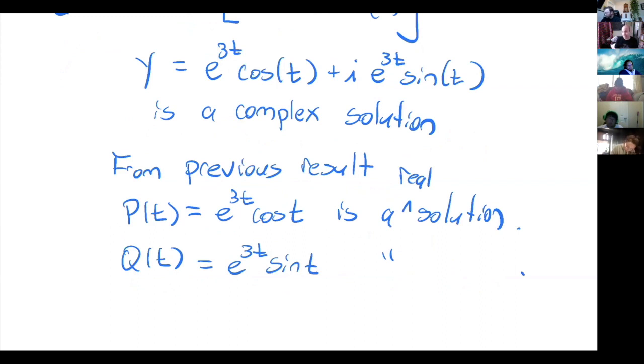And what we showed last time, if we multiply each of these by a constant, that doesn't change anything. And then when we add them together, we're going to get the most general solution.